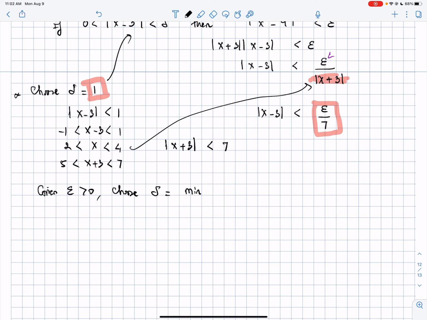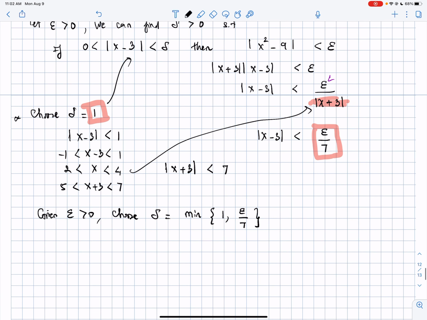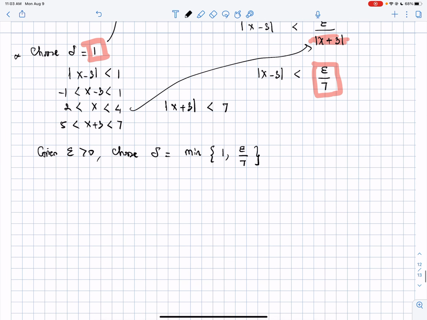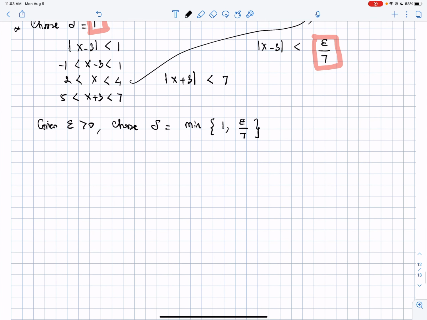We have 2 choices of delta, so we have to choose the minimum of 1 and epsilon divided by 7. And you recall from example number 1 that if we have 2 choices of delta, we choose the smaller delta, right? Smaller number. So that's the reason why we choose the minimum of the delta.